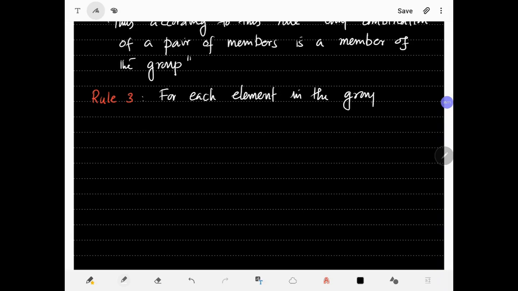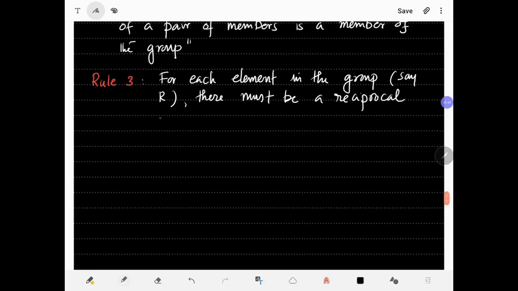This third rule says for each element in the group, say for example, if the element is R, there must be a reciprocal of the element R, which is written as R inverse, such that the following equation should hold.